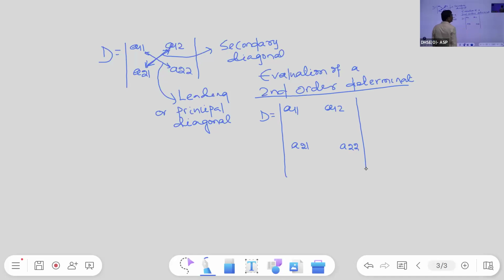So the value of a second order determinant is equal to the product of the elements in the leading diagonal, that is A11 into A22, minus the product of the elements in the secondary diagonal.